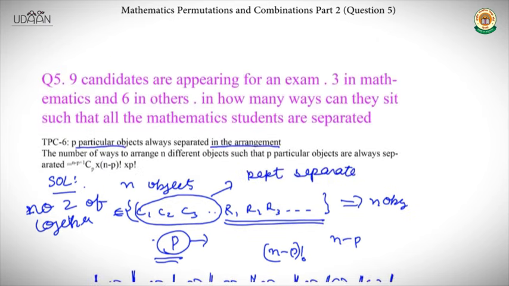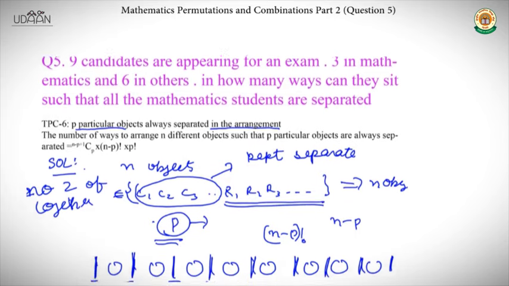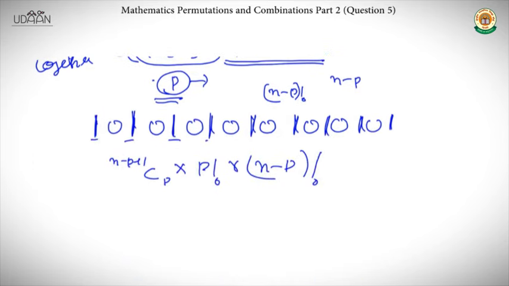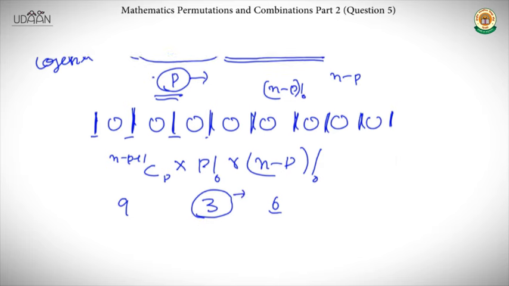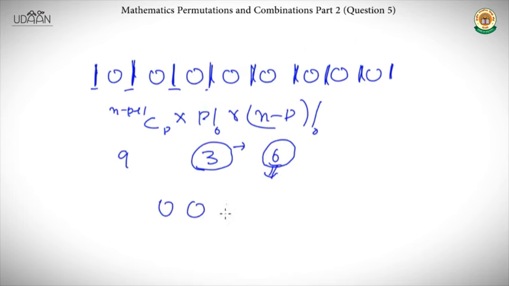Now this question states that we have 9 candidates appearing for the exam, of which 3 are mathematics and the rest 6 are of other subjects. We have to make an arrangement so that these three students are always separated. So first we arrange these 6 students. These 6 students can be made to sit in 6 factorial ways.